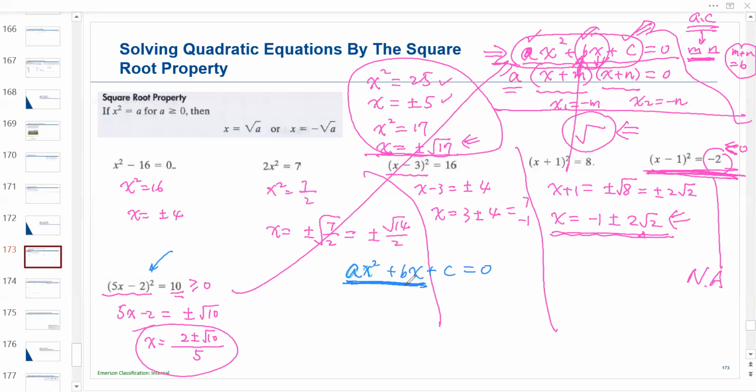Right? How do we do that? Today we solve these kinds of problems. First, we take the a out. What do we do first? We take this part out first. a x squared plus bx.